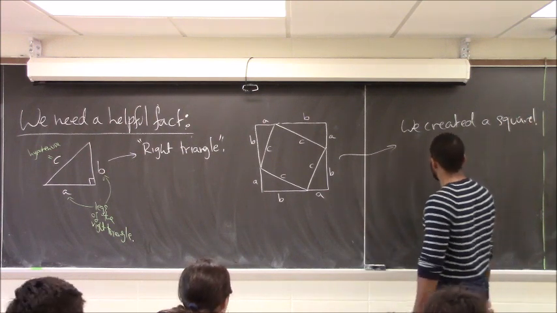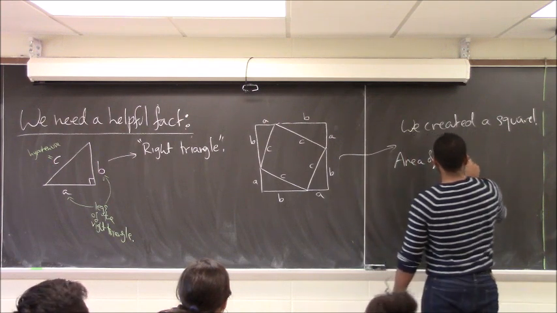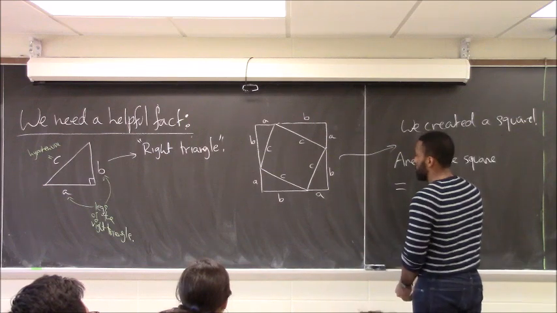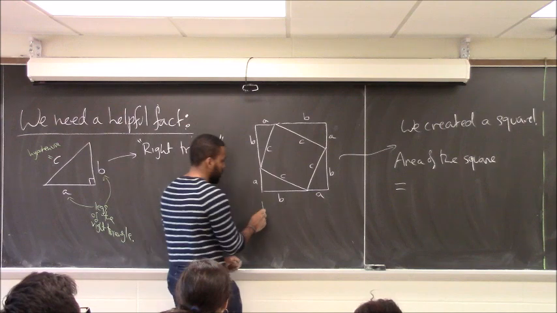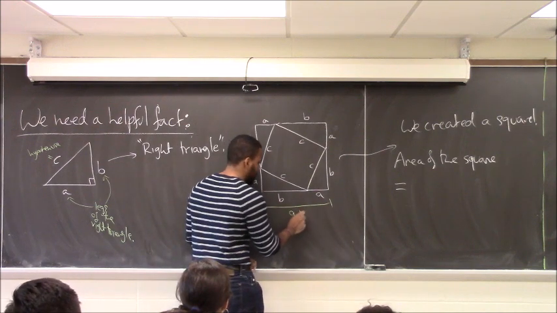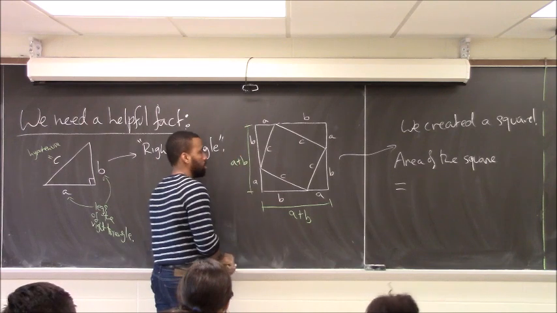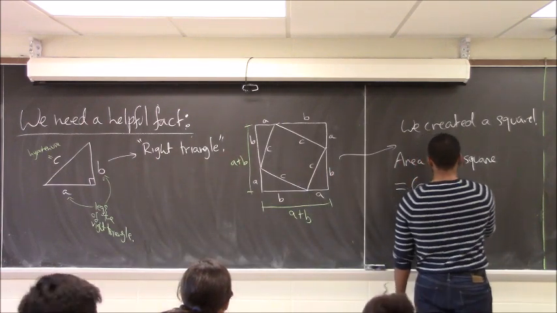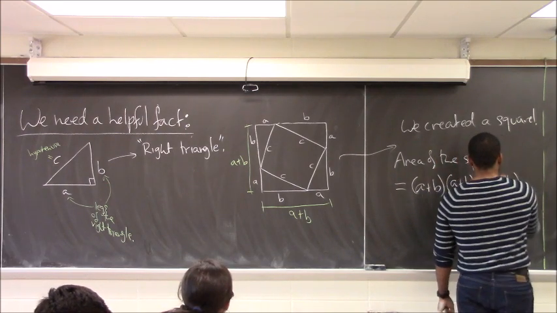Now, the area of the square is the length times the width. The length here is A plus B. The width here is A plus B. So length times width, A plus B times A plus B, is A plus B squared.